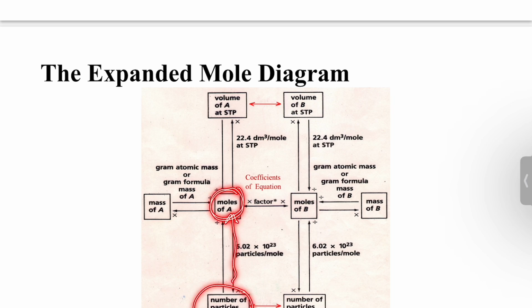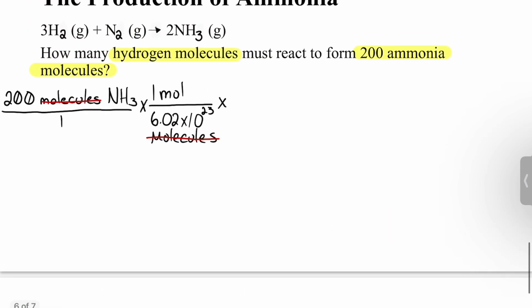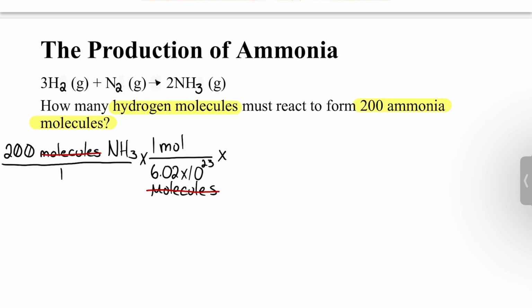Now we're going to go from moles of ammonia to moles of hydrogen using the coefficients from the balanced equation for our mole ratio. If we look at our mole ratio here, we have 3 moles of hydrogen to 2 moles of ammonia. So first off, I have moles of ammonia. I want to cancel that, so moles of ammonia will go on the bottom.